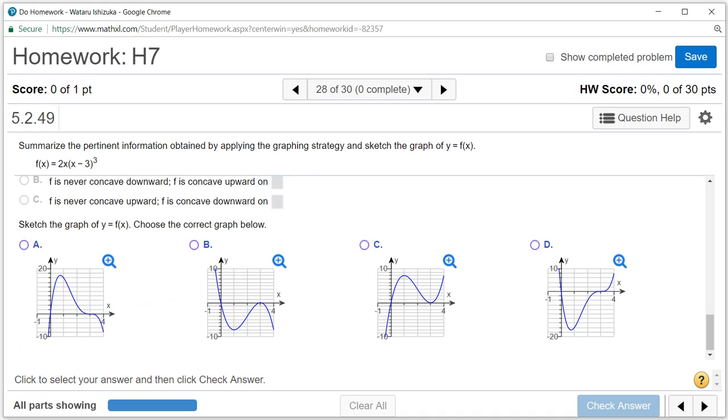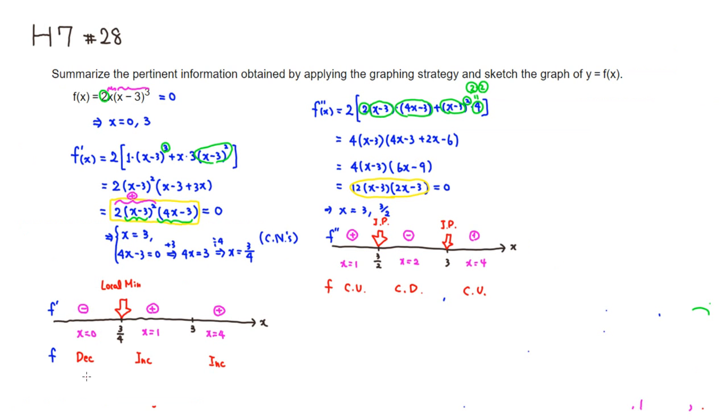Last one, we have to pick the picture. Let's look at the increasing and decreasing behavior. Remember that you start out decreasing and then increasing and increasing. So which one has that behavior?